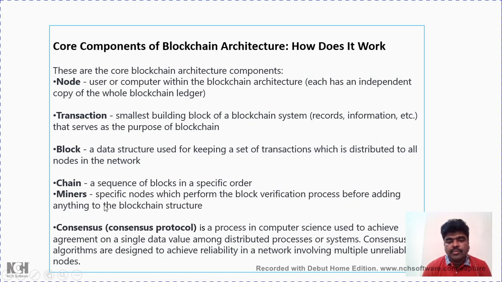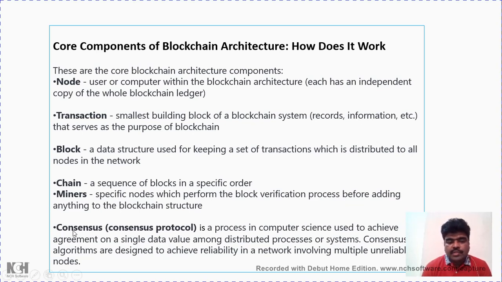Miners are those who validate or verify each block before adding it to the blockchain network. Why do they have to verify and validate? Because that particular transaction has to be authorized. It should be correct, secure, and immutable. To check all these things, miners help in the verification process.